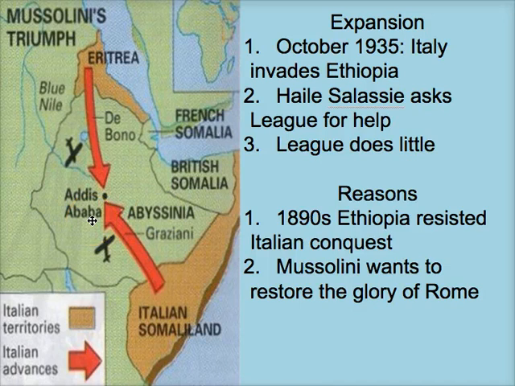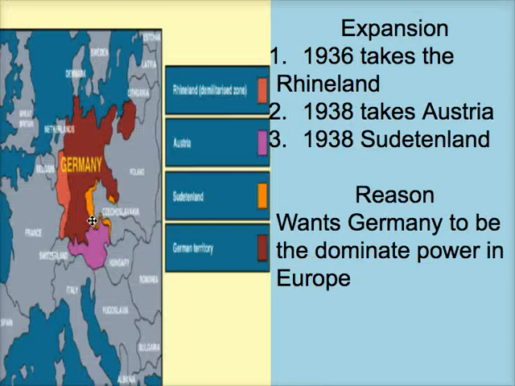So Mussolini wants to restore the glory of Rome, so he goes to Ethiopia and invades Ethiopia.